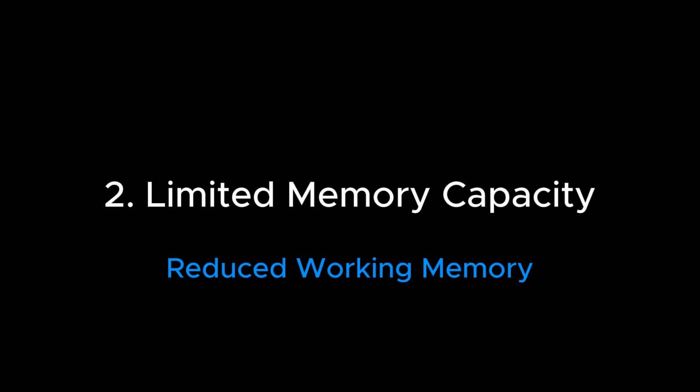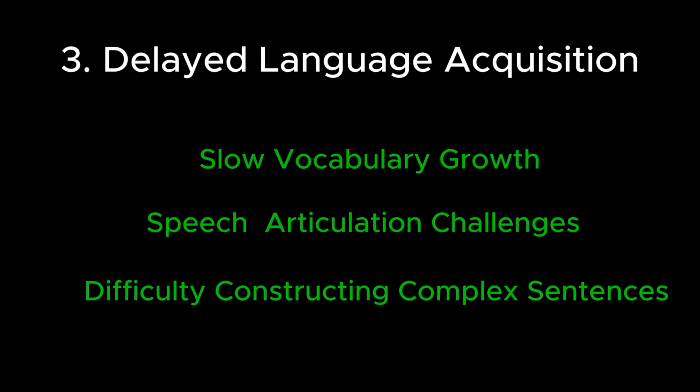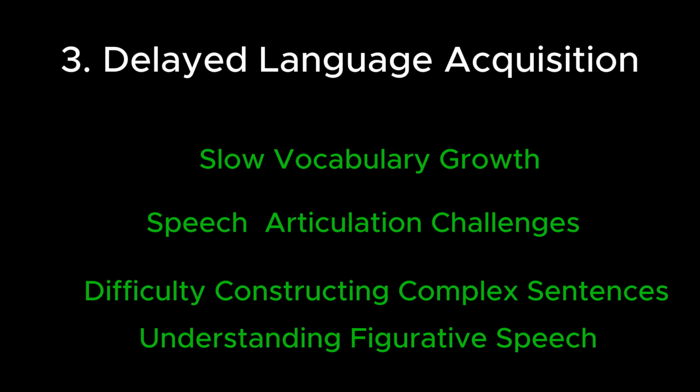Limited memory capacity manifests in reduced working memory and short-term retention, causing students to forget multi-step instructions unless broken down and reinforced. 3. Delayed language acquisition causes slow vocabulary growth, speech articulation challenges, and difficulty constructing complex sentences or understanding figurative speech.